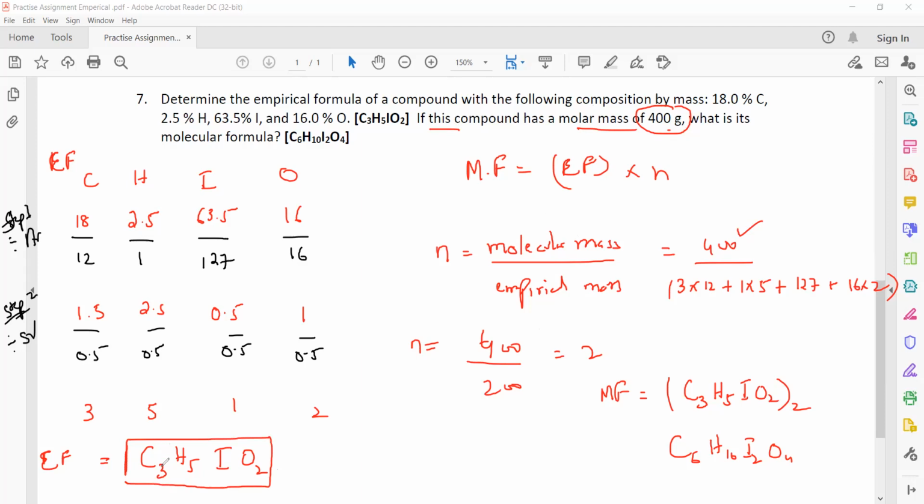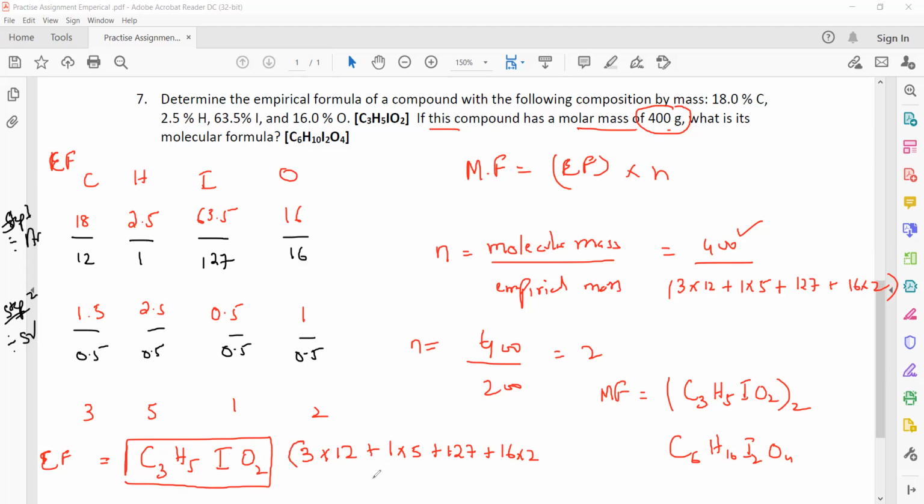Using a periodic table, it contains 3 carbon atoms and the mass of each carbon is 12, so 3 multiplied by 12, plus 5 hydrogen, each hydrogen is 1, so 1 multiplied by 5, plus iodine, the mass of one iodine is 127, plus 2 oxygen, so 16 multiplied by 2, which is 32.